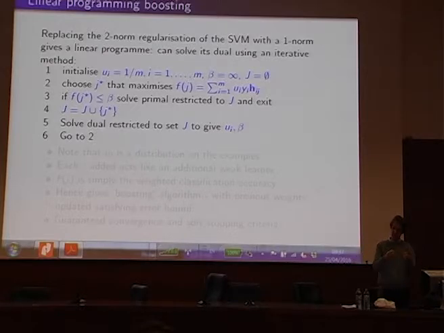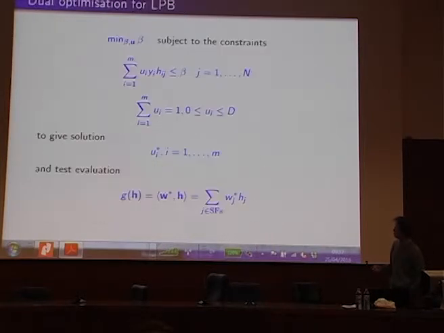You're starting with a small set, and you're just adding them as you need them in order to arrive at the optimal solution. And the criterion for adding a feature is this f_j, which is this quantity here. You evaluate. This has to be less than or equal to beta for all of the features. So basically you solve with a subset of features, get a beta. If this quantity is bigger than beta, then you know that feature has to be added in, and you add it in and iterate in that way.